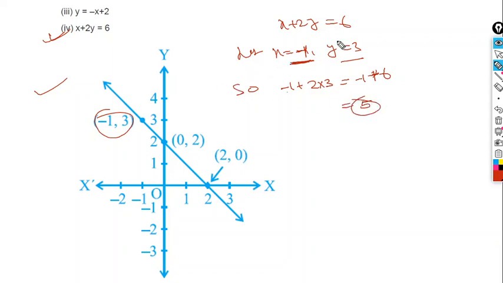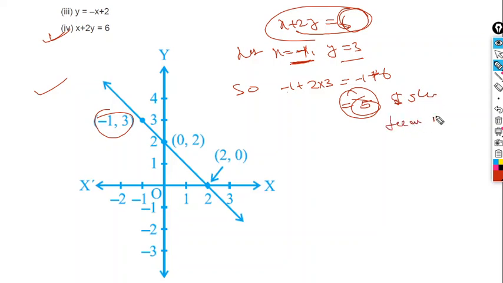Is it satisfying our equation? It was 6, and now we are getting the value 5. So the equation is not satisfying, or does not hold good. If one of the equations is not satisfying, then we will not move further.